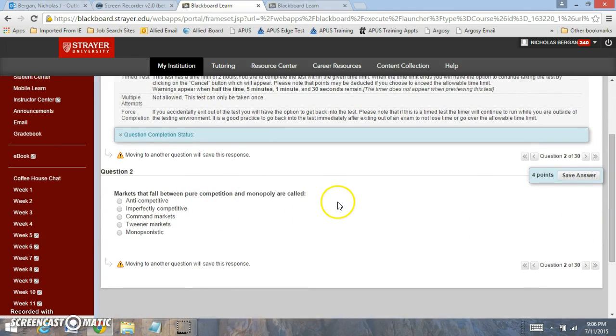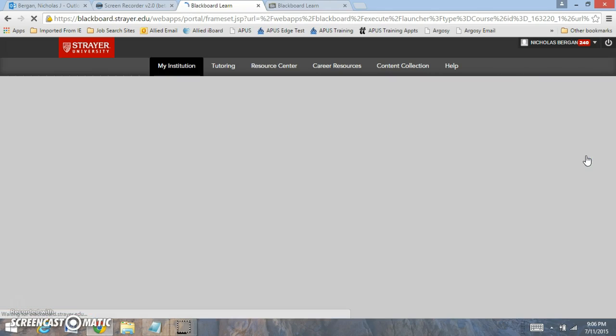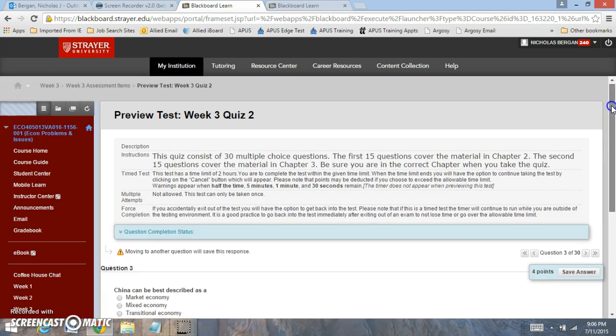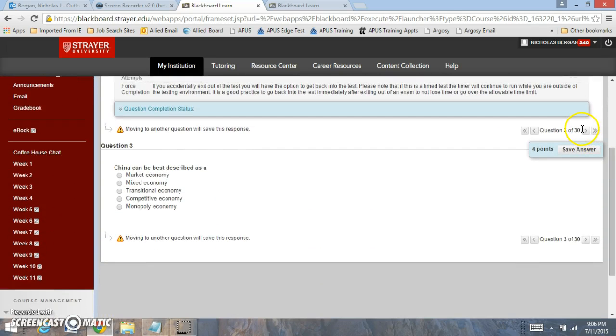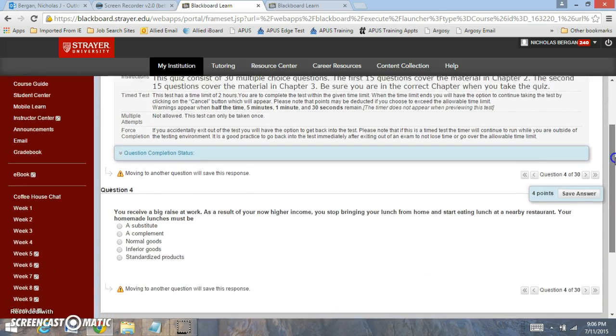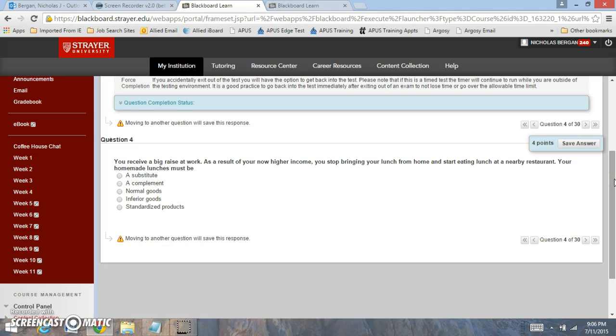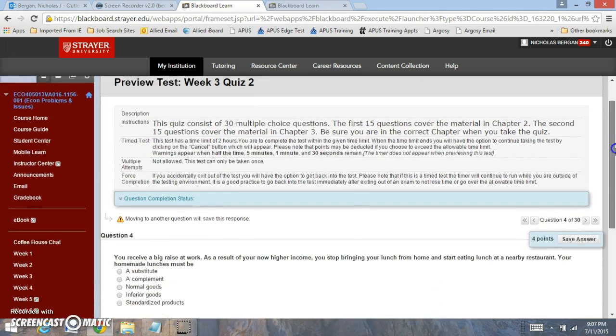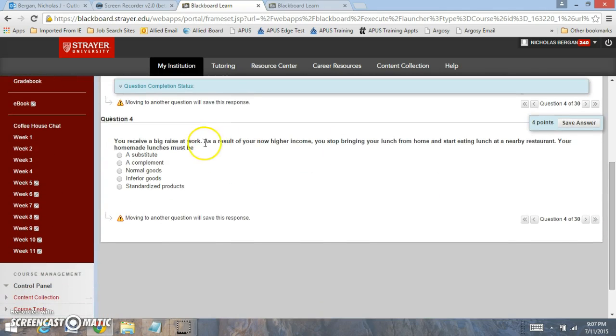Pure competition, monopoly. Those are market structures, like monopolistic competition and oligopolies. You receive a big raise, higher income, you stop bringing your lunch.